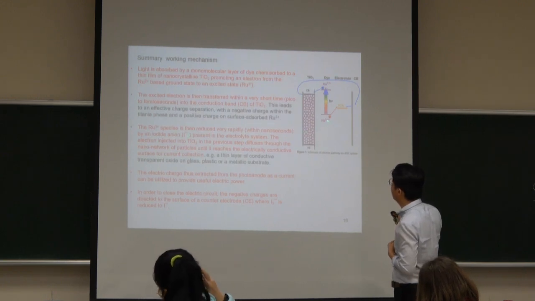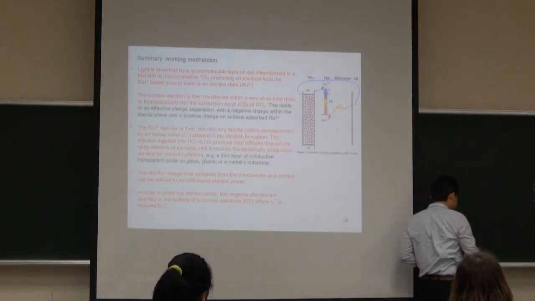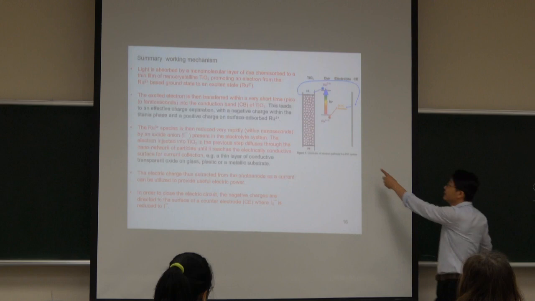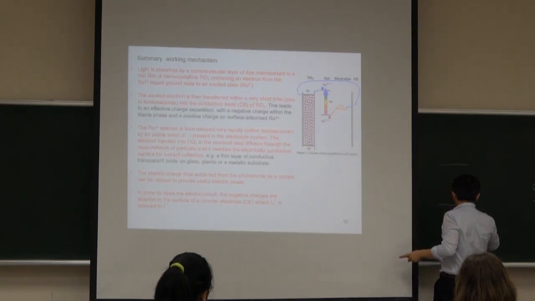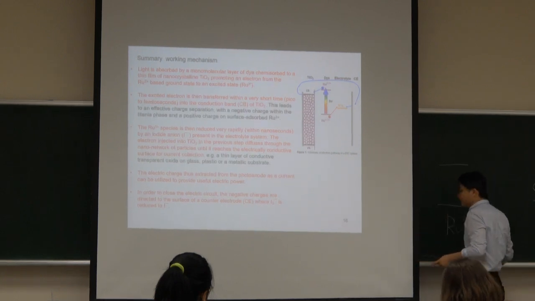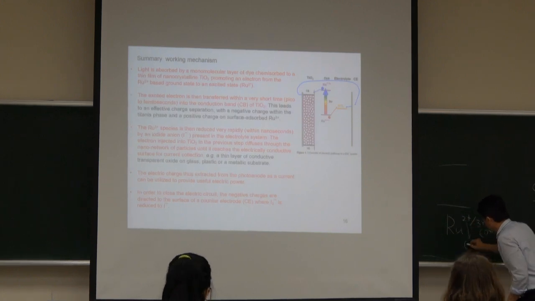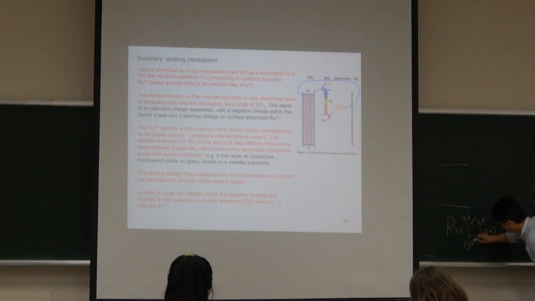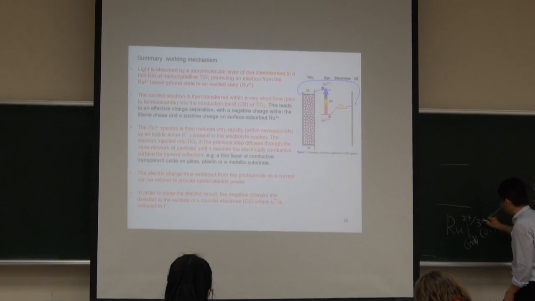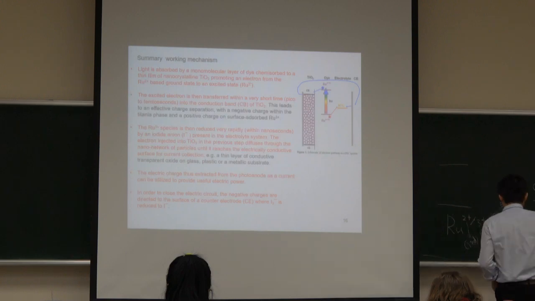Here, this is Ru2+ and 3+, right? 3+ is the oxidation state. 2+ is a reduced state. Okay, and electron to 3+. Okay, this is I3-, I-.